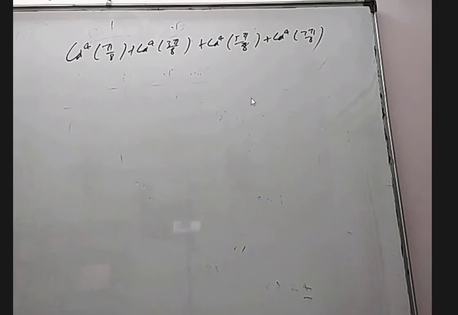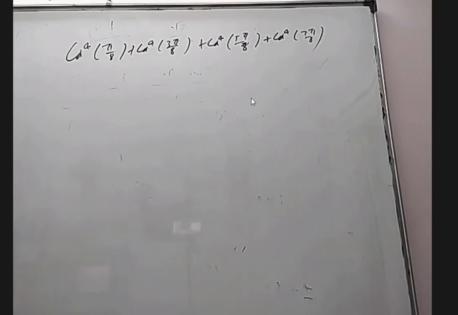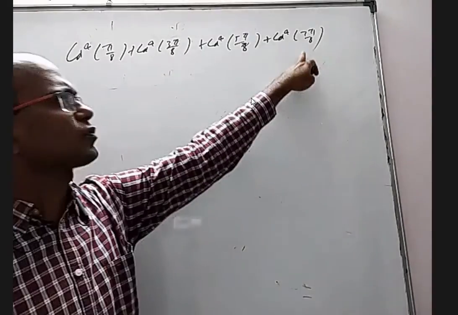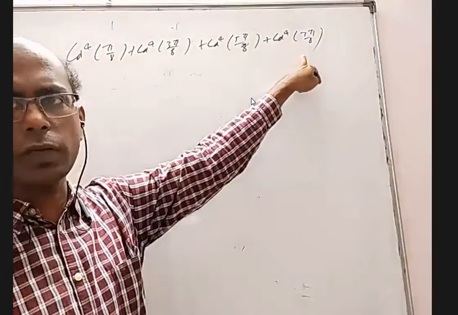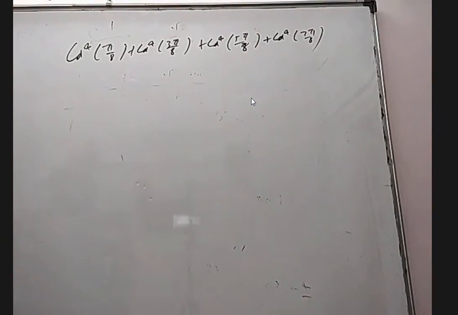Now 7 pi by 8, I can write as pi minus pi by 8. I can prove first and last are the same. Actually, cos of 180 minus theta is minus cos theta, but with power 4 it becomes plus 1.